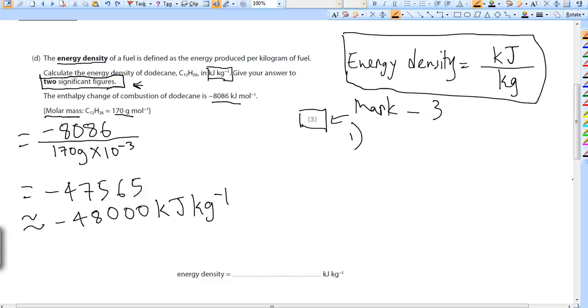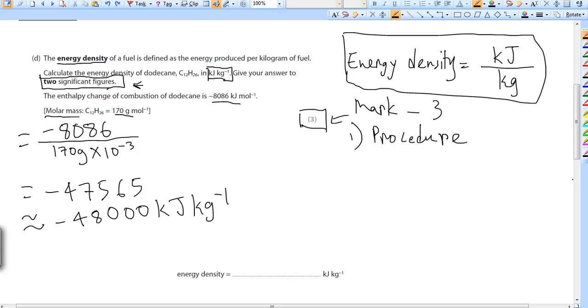That is 1 mark. Sorry, 1 mark is for procedure. Sorry, I have written procedure in the wrong manner.